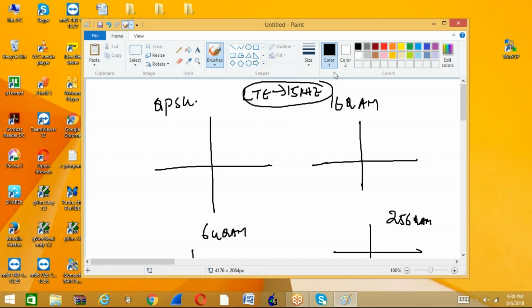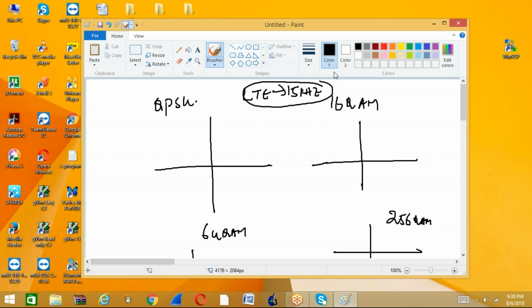In that given bandwidth, there is some space, and what I'm doing is shifting the phase of the carrier and transmitting.